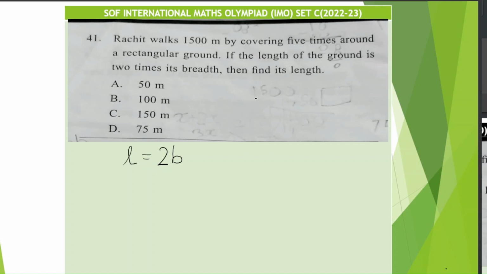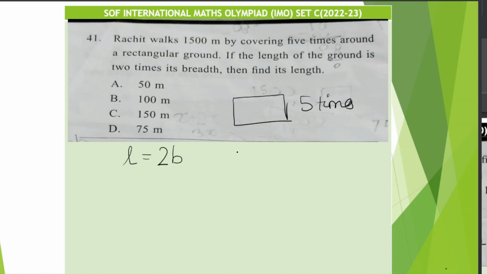Now he is walking around the rectangular ground 5 times. When he completes the first round, that gives me the perimeter of the ground because he is walking along this line. So for each round, he is covering the full perimeter.